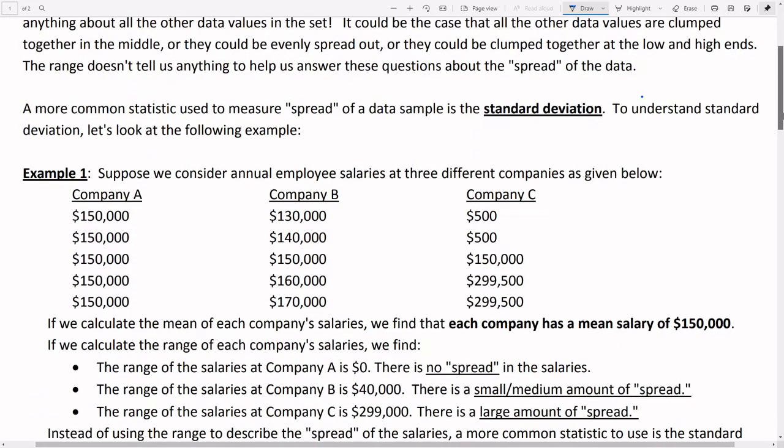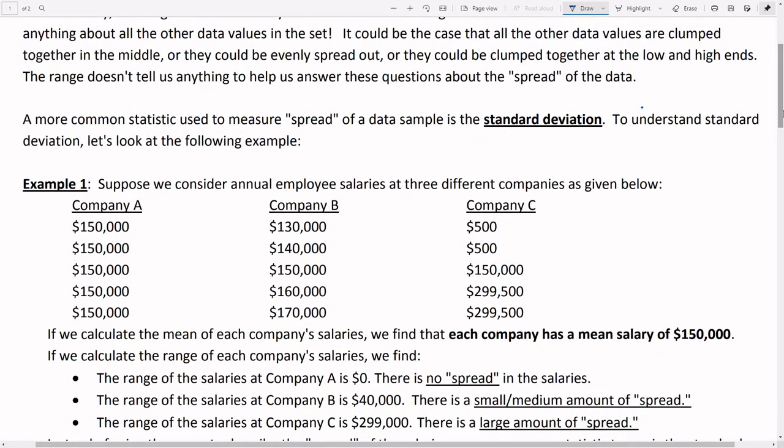Okay, so if we're looking at this now, we see that Company A, all the salaries are the same, right? So when you're just looking at this, this company seems to have no real spread. The data points are all just the same. There's no spread, there's no difference between these salaries.